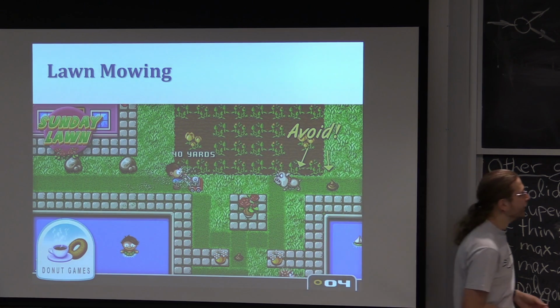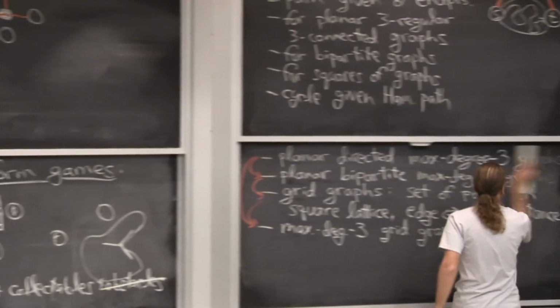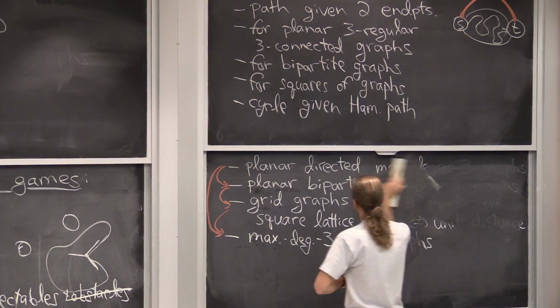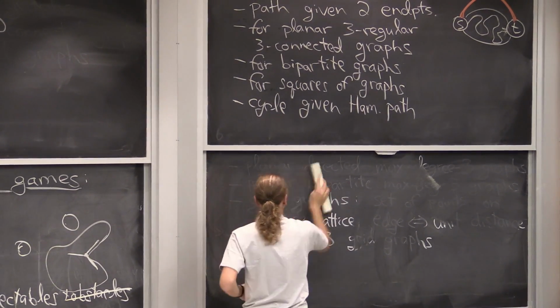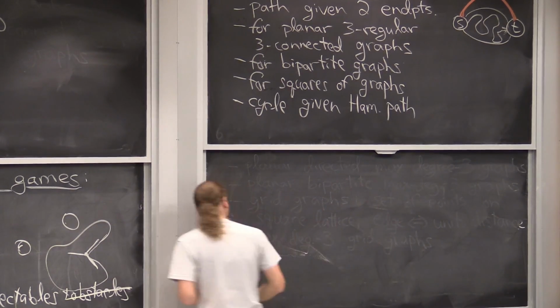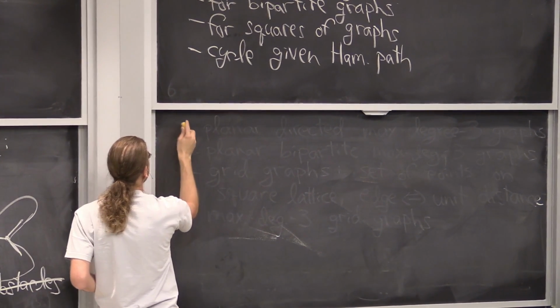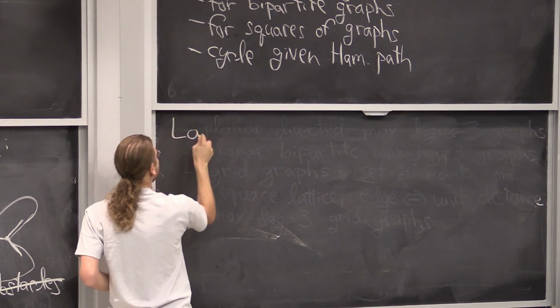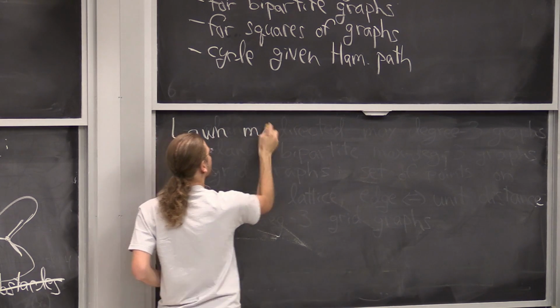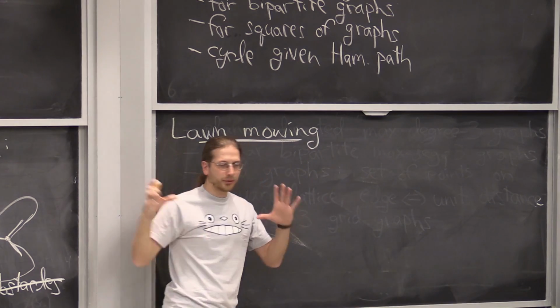There's actually 2 versions of the problem, and they were introduced by Arkin, Fekete, and Mitchell, 2000. One's called lawn mowing. So lawn mowing, you're given a polygon.